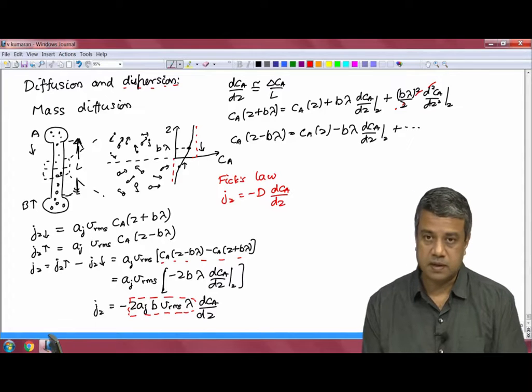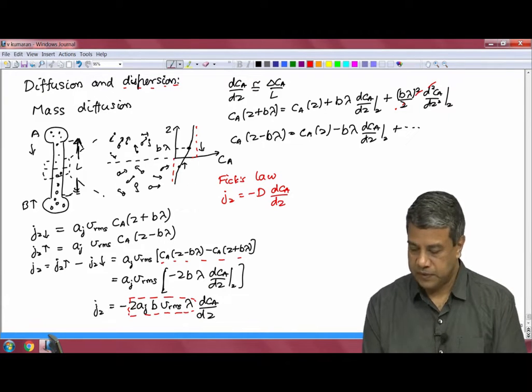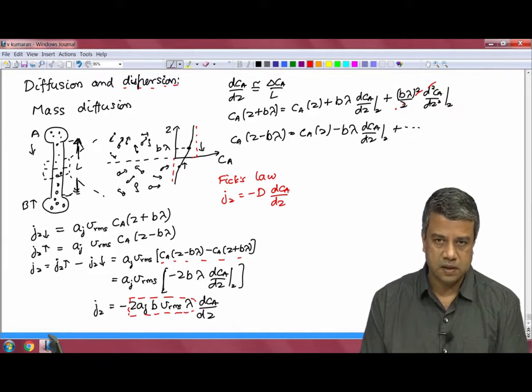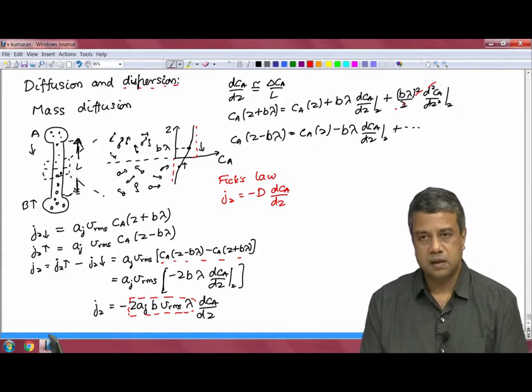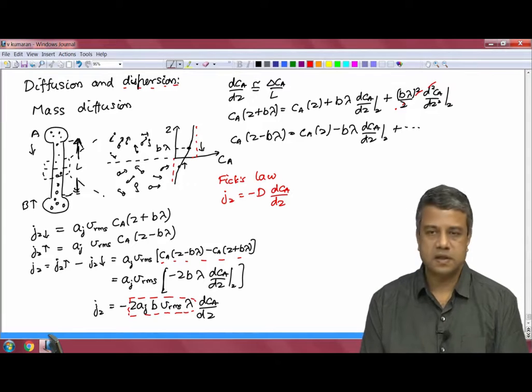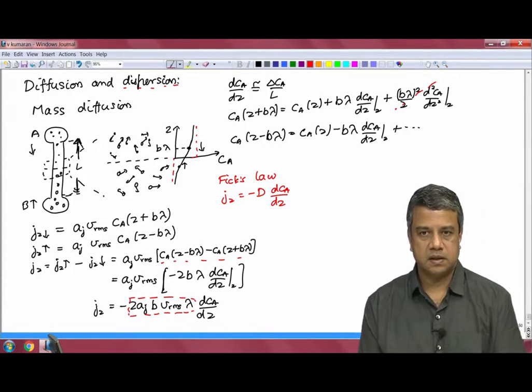This is the molecular expression for the diffusion coefficient. It does contain unknown constants which are order 1, but subject to that, the diffusion coefficient is proportional to the root mean square velocity times the mean free path.